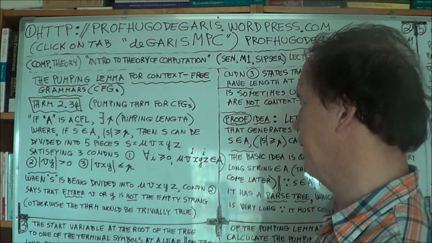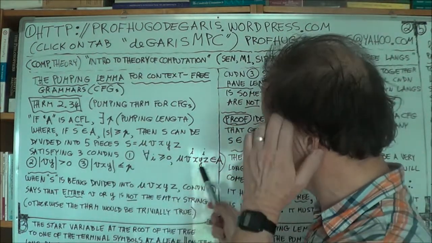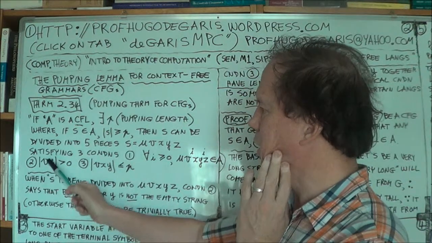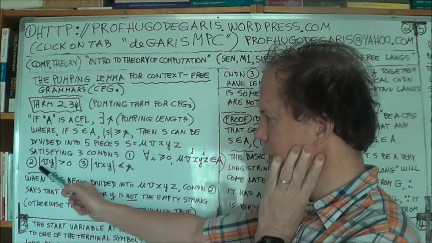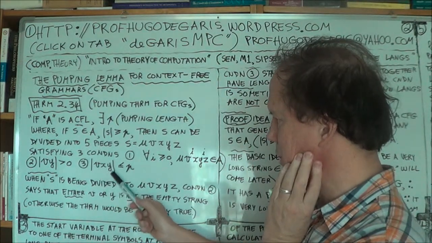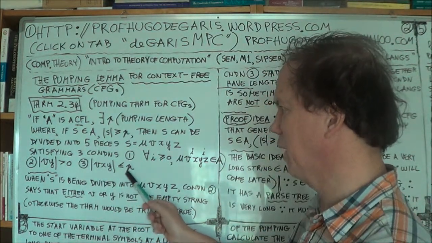Okay, alright, so you get these three conditions. So the pumped string belongs to the language, VY, its length, in other words, it's got to be positive, and the size of VXY has got to be less than or equal to the pumping length.